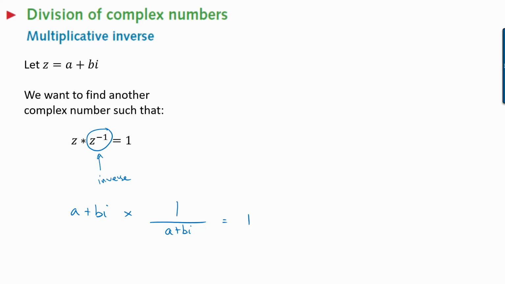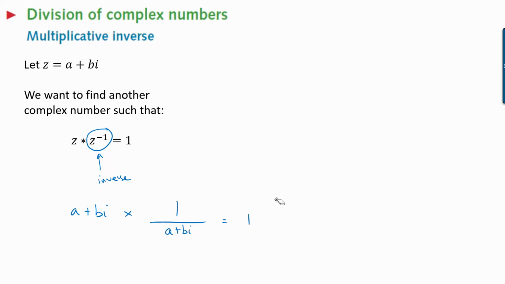The problem is, what is 1 over a plus bi if we want this in the complex number system? See, a complex number should be written with a real part and an imaginary part. Right now, I don't have that. Right now, it's in a very funny form. This is not a complex form. Okay, it's a fractional complex form. So how do you change this?